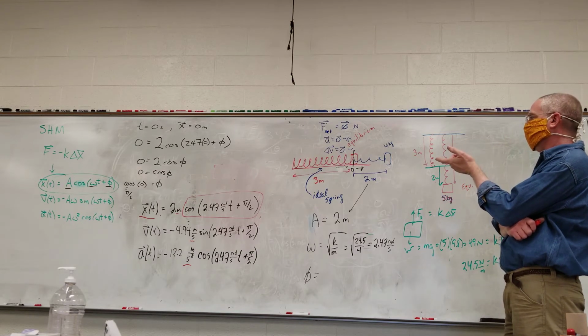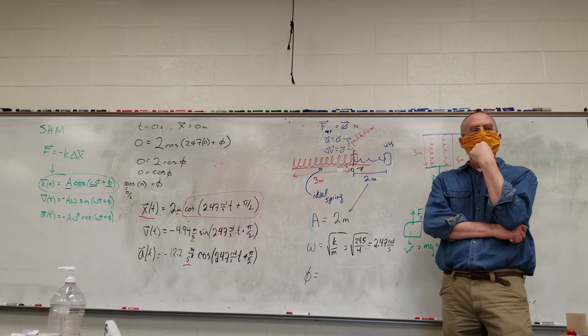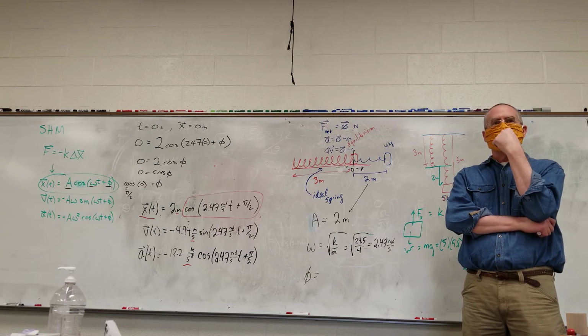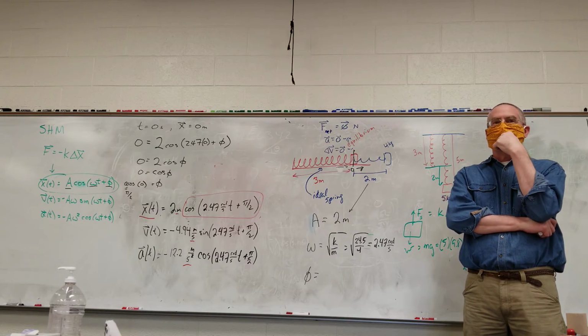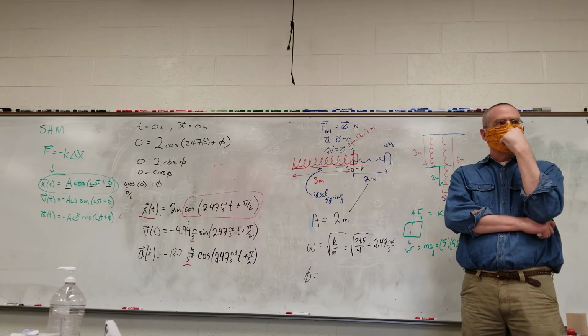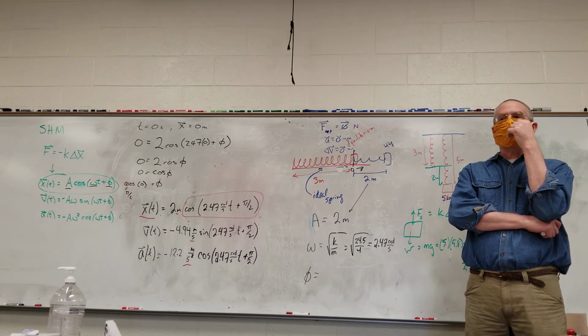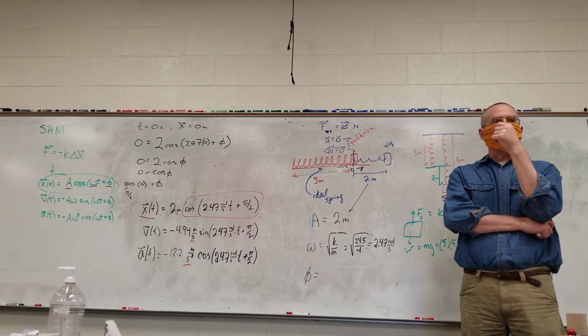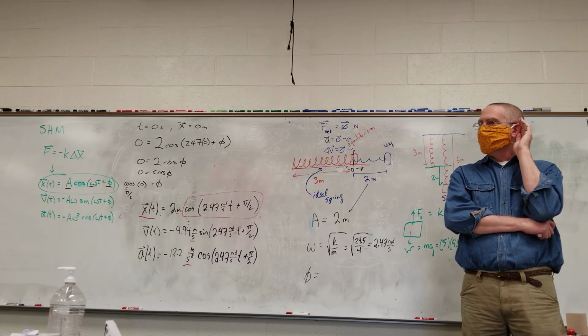Which way is the mass going when we start the clock? We established that right was positive. But is time starting when you pull the mass to the right, or when you let go of it? Time started when it was going through equilibrium. That's what Kong had established, which is why we have a phase shift in there.